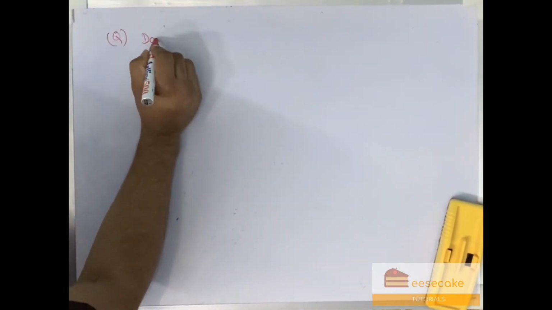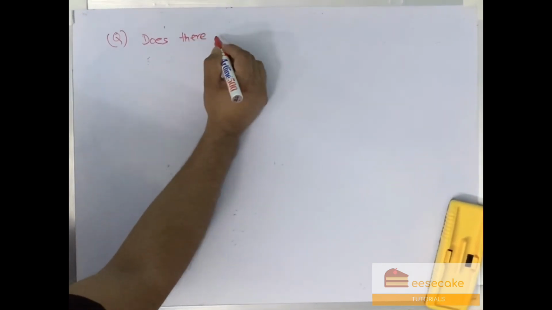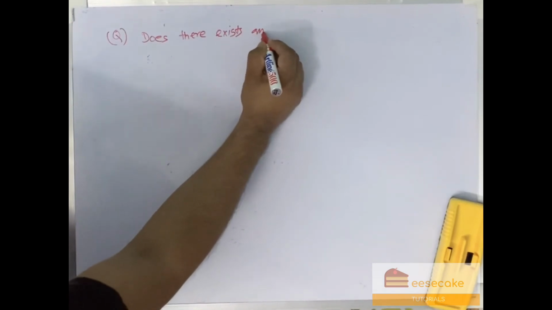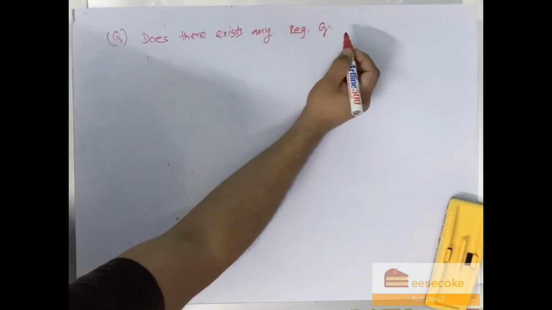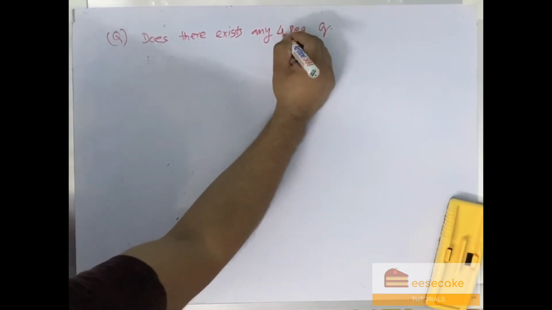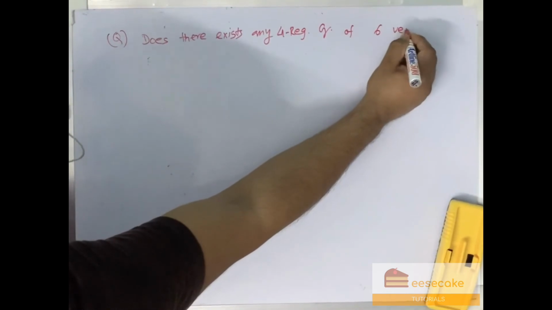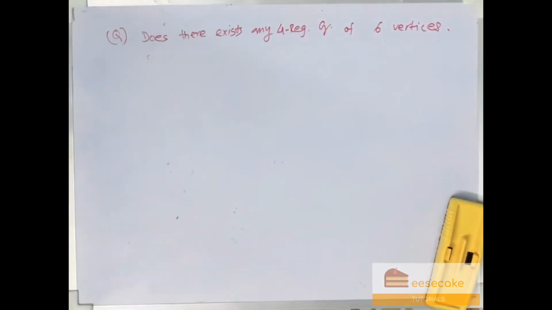The problem statement says, does there exist any 4 regular graph of 6 vertices? Okay, so the question is asking, does there exist any 4 regular graph of 6 vertices?